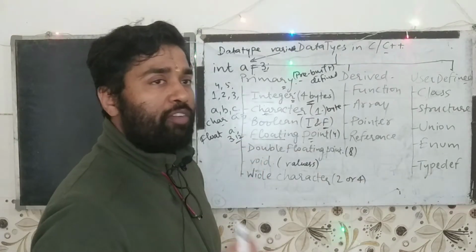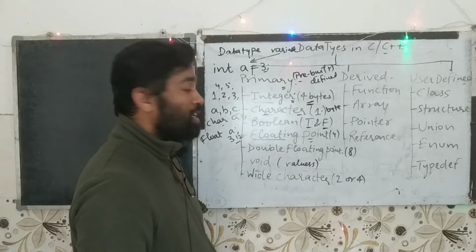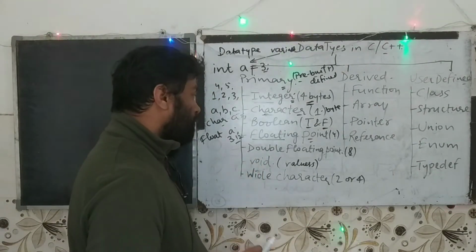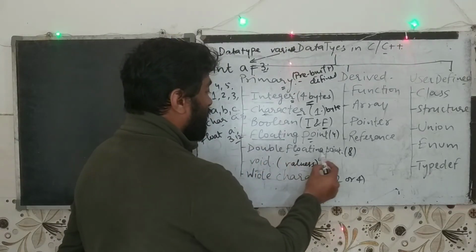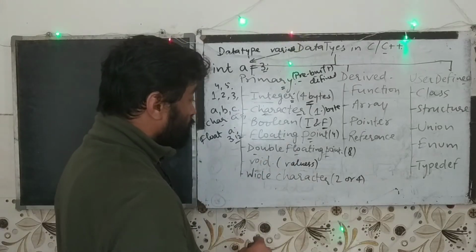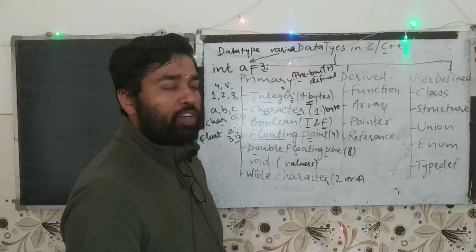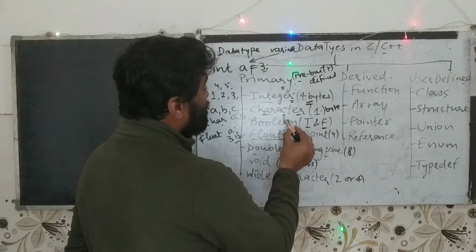You can store a pi value also, or any other decimal place value, in the floating point data type. If you want to store a double floating point value, then you can store it in the double data type. I will explain in my next video how you can use these data types.